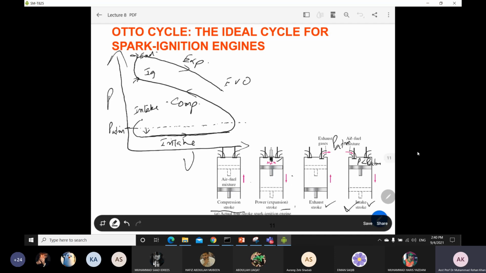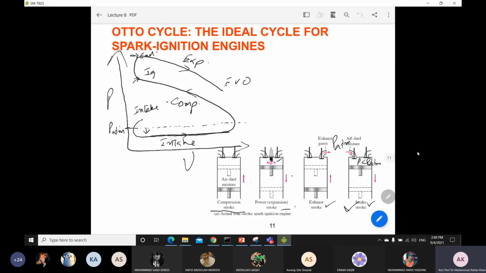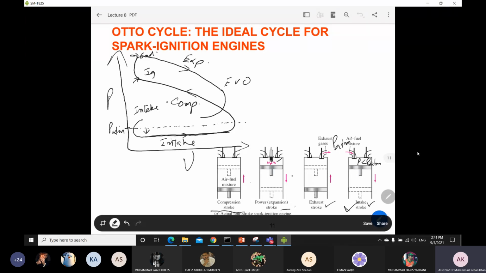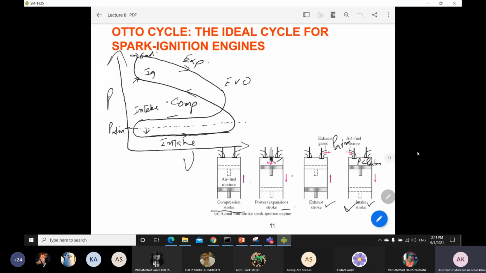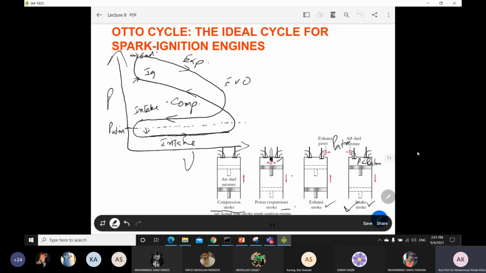After exhaust valve open, the process goes again towards your intake, and the pressure will be equal over these points till the intake point, and then your cycle will be completed. Okay, so this is how your actual spark ignition engine PV diagram looks.